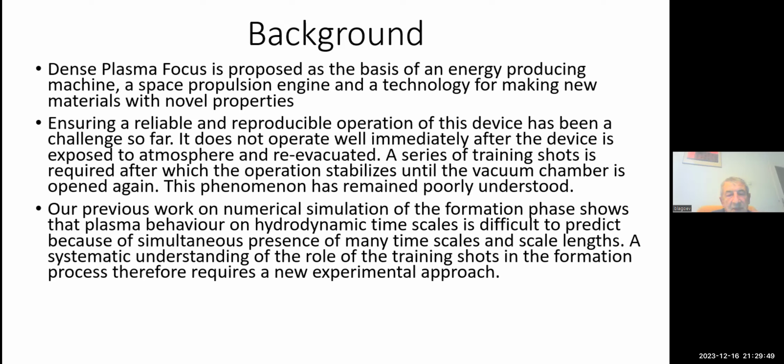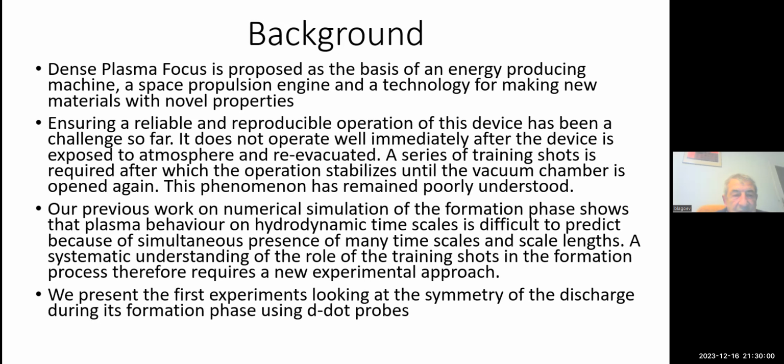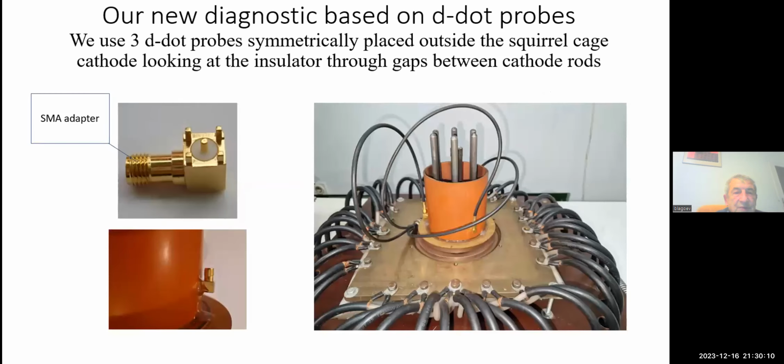Systematic understanding of the role of the training shots process therefore requires a new experimental approach. We present the first experiment looking at the symmetry of the discharge during the formation phase using D-dot probes.